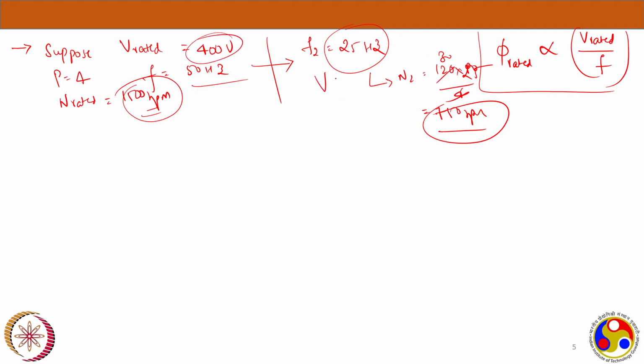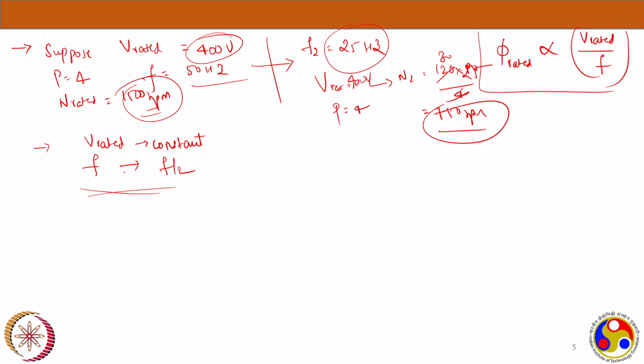In this case also V rated is equal to 400, the frequency is changed, and your speed has gone down.